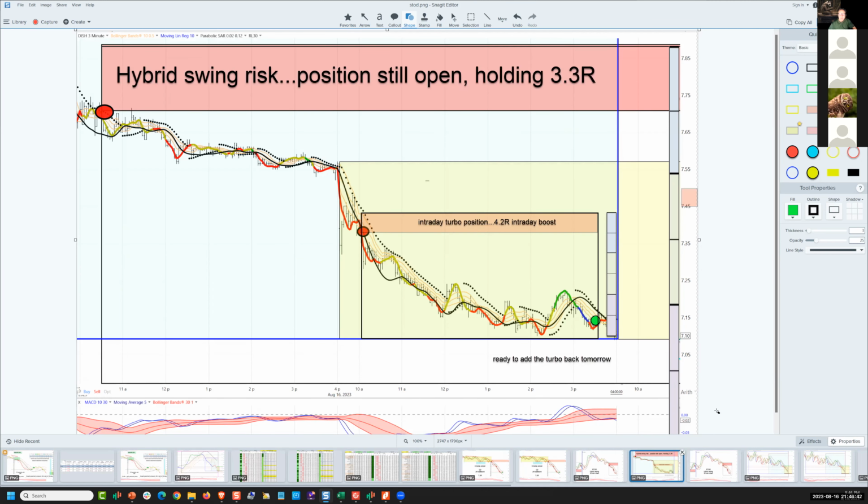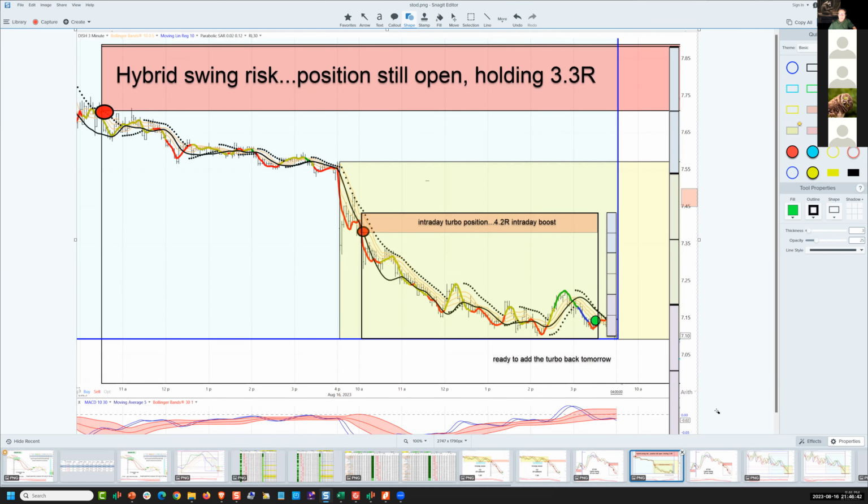And this was the size of that risk box that was appropriate for holding a position overnight. It's about 15 cents. It's only a $7 stock, for crying out loud. That's a 2% buffer. So that's not crazy.